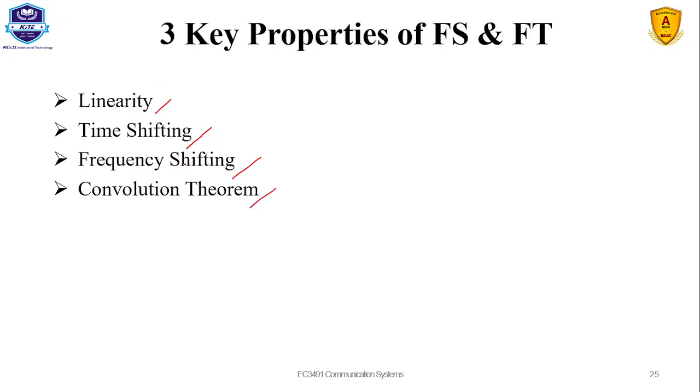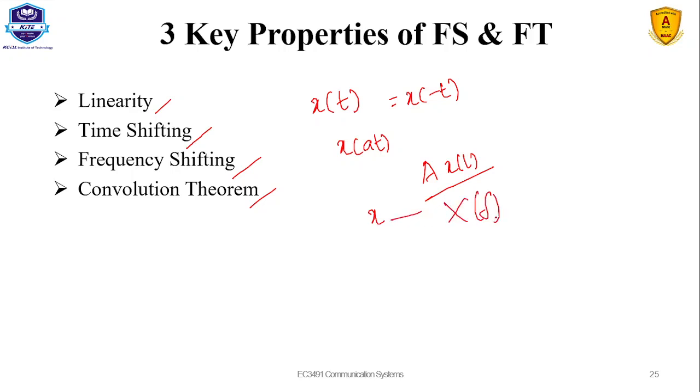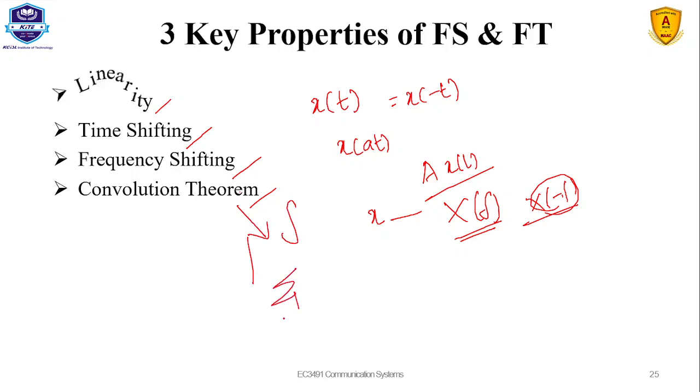All these properties we have seen with respect to x of t, time reversal x of minus t, scaling function x of at, and amplitude scaling, etc. So in terms of frequency shifting, with respect to x of t, x of f will be shifted, that is x of minus f or anything. So with respect to frequency, there is a shifting functionality.